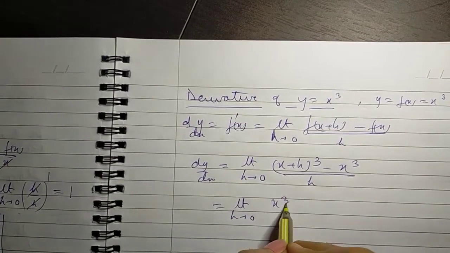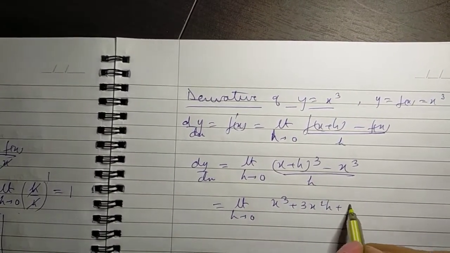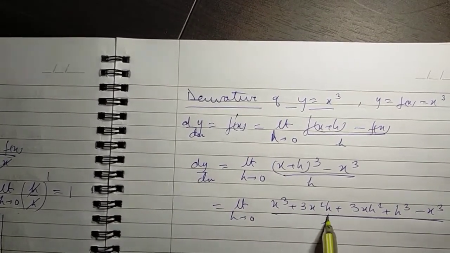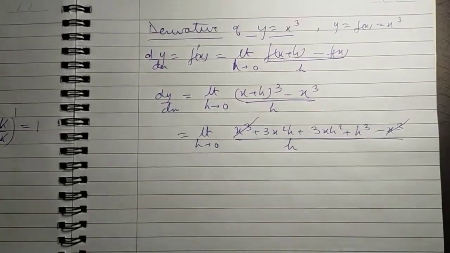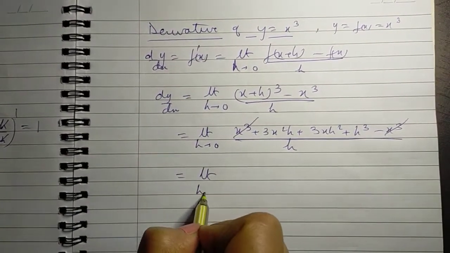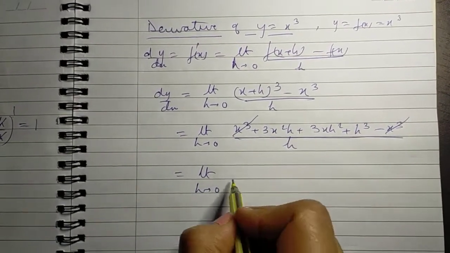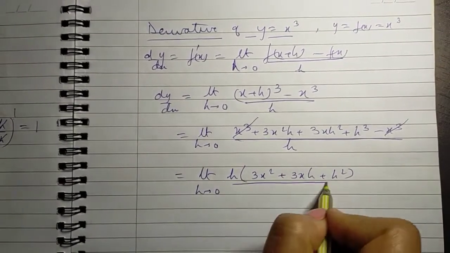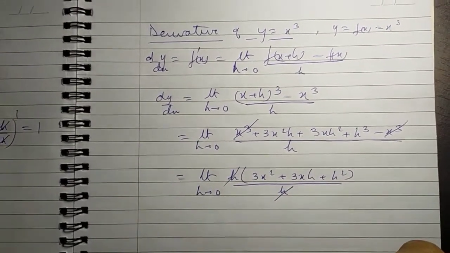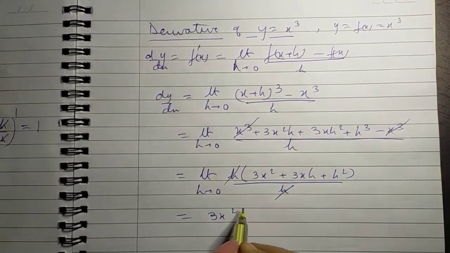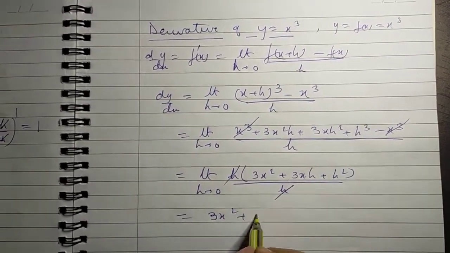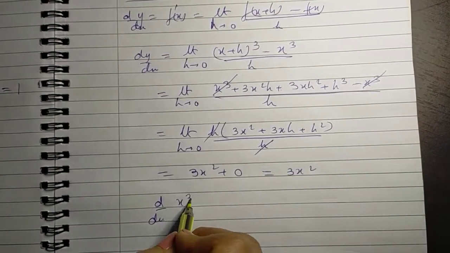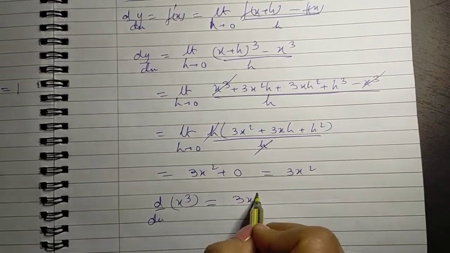Expanding, we get x cube plus 3x squared h plus 3x h squared plus h cube minus x cube, whole upon h. This gets cancelled. Whatever is left, every term has at least one power of h which can be taken common. So you are left with this. In the limiting case, h gets cancelled. Applying the limit, 3x square plus the remaining terms have h, so you are left with 3x square. And so you get the derivative of x cube as 3x square.